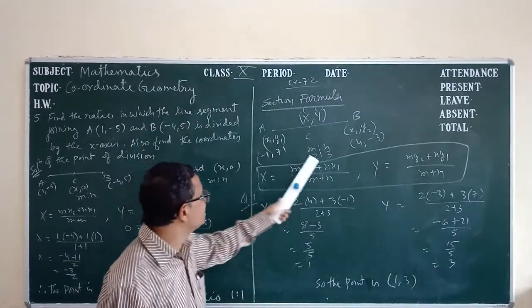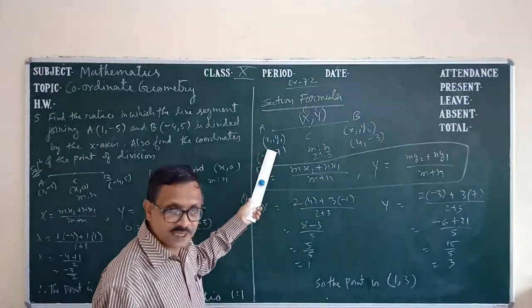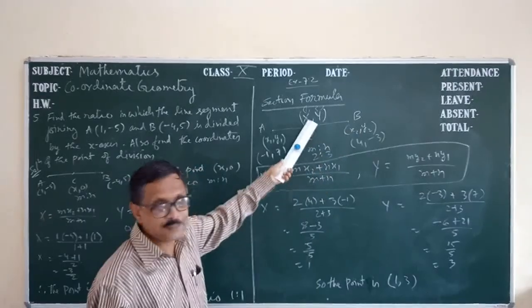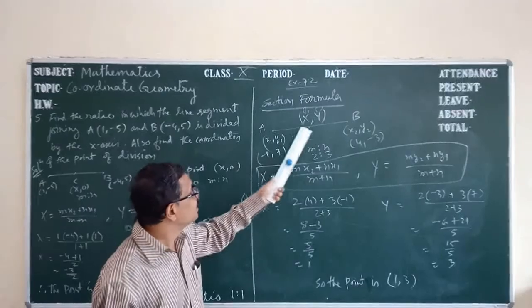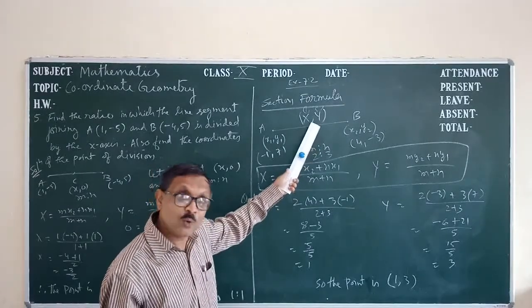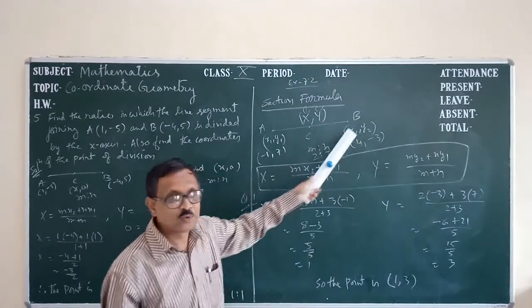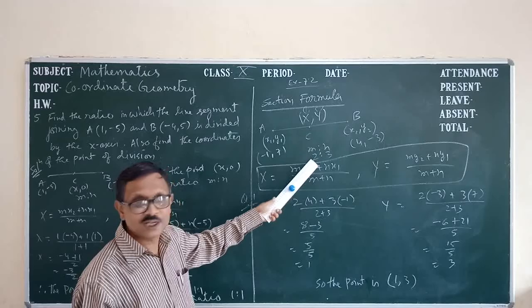Suppose these 3 are given in this question: A given, B given, ratio given, then you find capital X and capital Y. Suppose A, capital X and capital Y, and B are given, then you have to find the ratio.